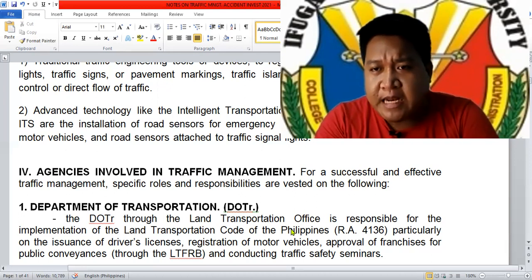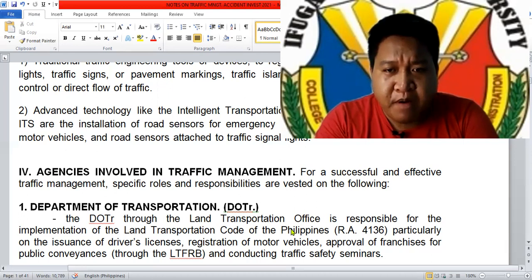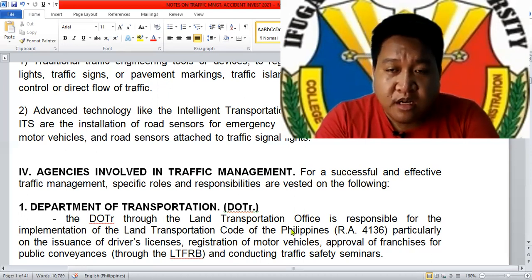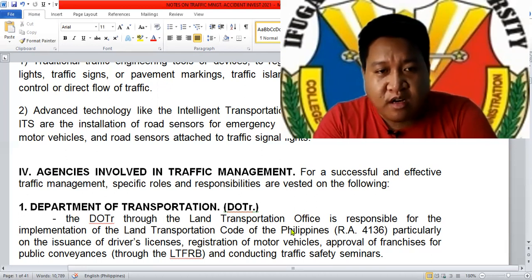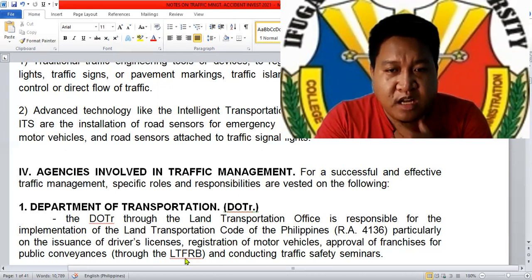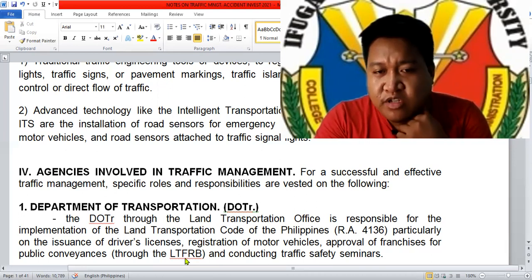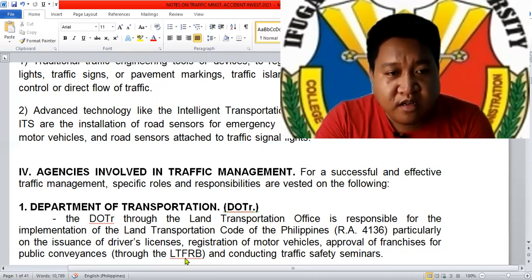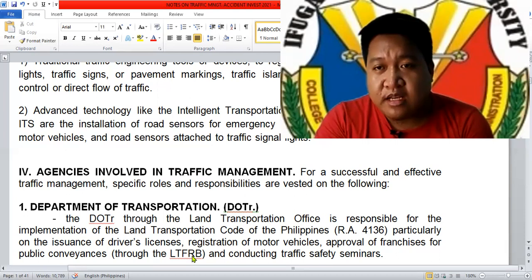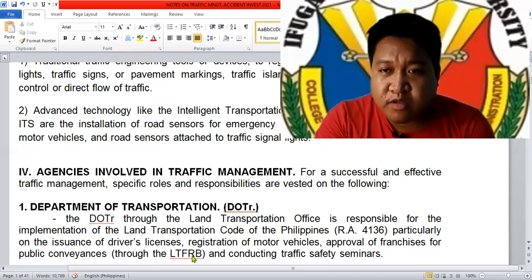is the registration and licensing. Yan yung main part niya, and the enforcement of traffic rules and regulations. Ang LTFRB naman, that is the Land Transportation Franchising and Regulatory Board. From its term regulatory, sila yung tagagawa ng polisiya, especially when it comes to public transportation.